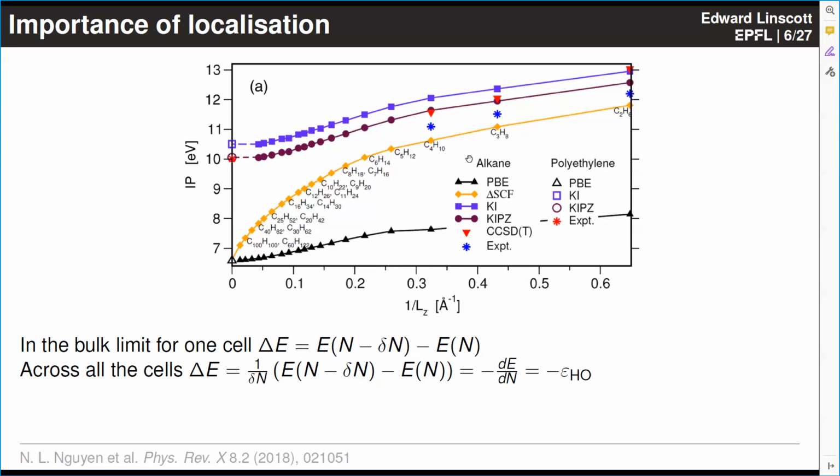So we don't remove them from the canonical orbitals, but we're looking at the process where I remove electrons from variational orbitals. By applying the Koopmans correction to the variational orbitals rather than the canonical orbitals, we get this nice bridging between the molecular limit, where we already perform very well, but also all the way to the bulk limit.